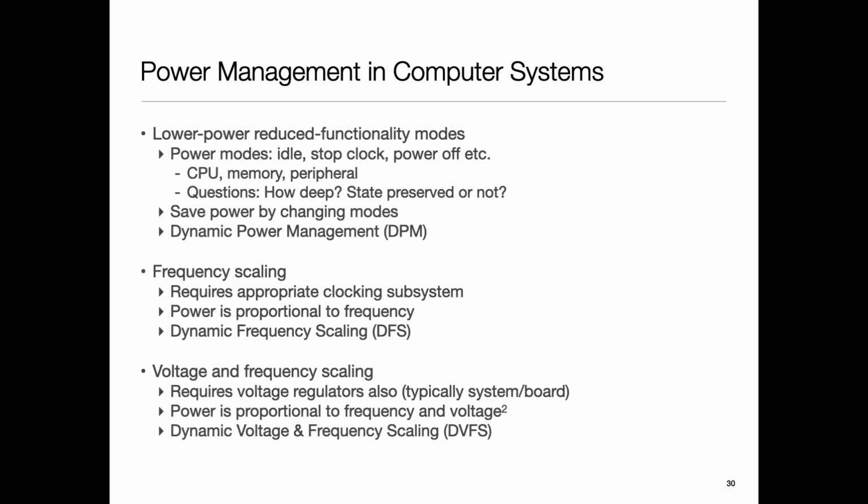Let's say frequency is my primary knob. I'm going to use the frequency as the accelerator, and I want to jack it up, bring it down. I have to set the voltage accordingly, right? If I'm jacking the frequency up, then I have to jack the voltage up, but not excessively, because then I'll waste power. So I want to make the voltage just high enough to meet the new frequency.